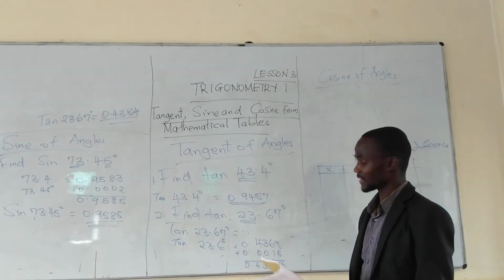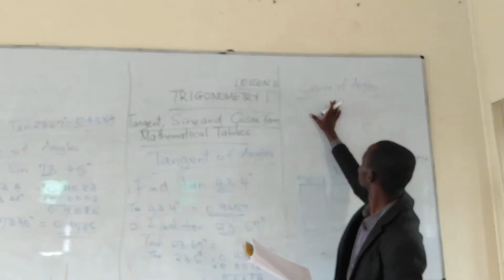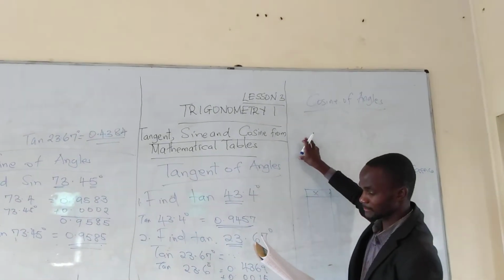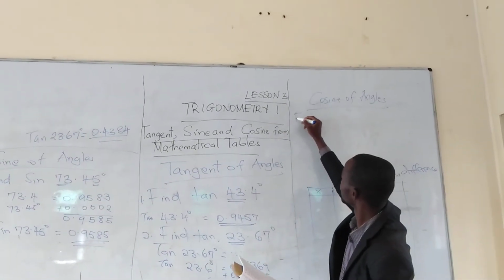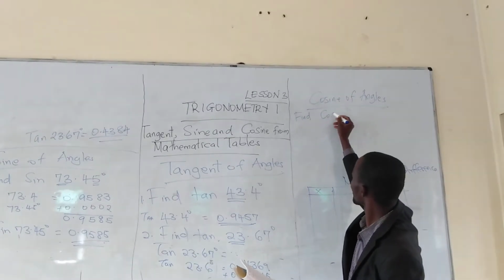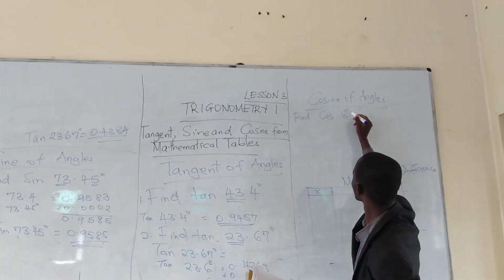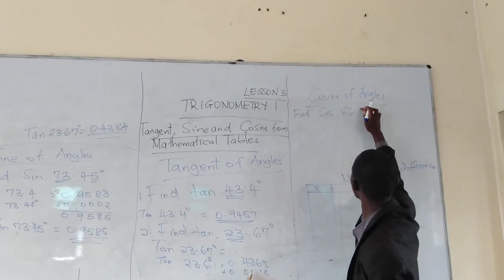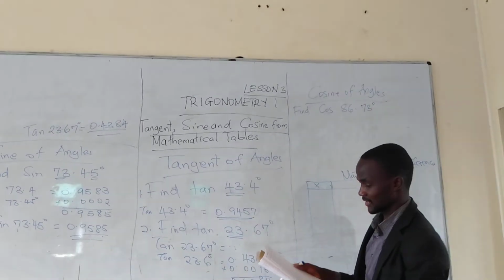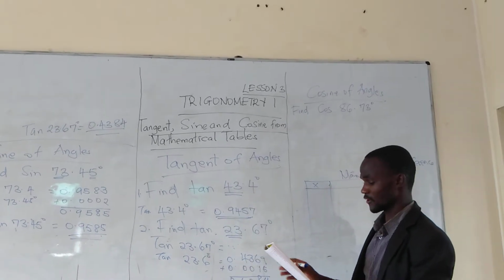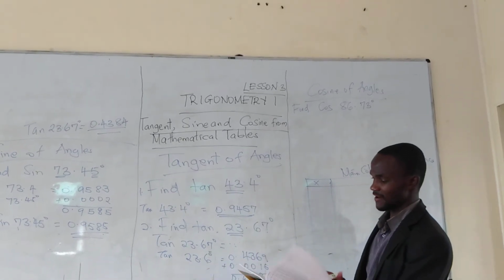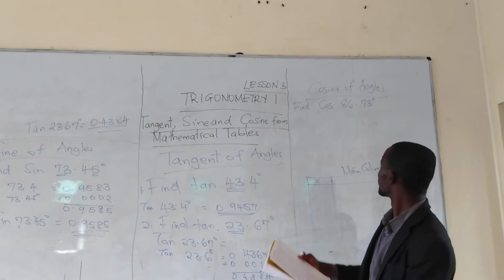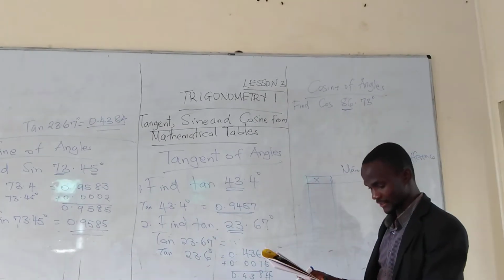So if we look at the cosine of angles, let's say find cos 86.73 degrees. The same way we have checked the other two, we go to row 86.